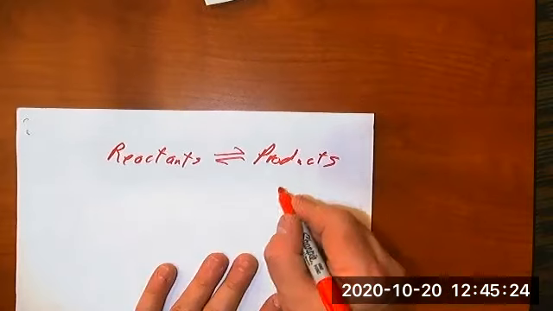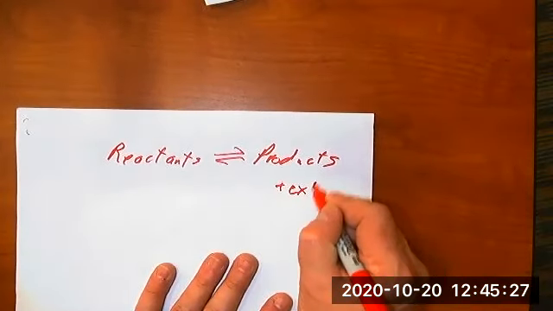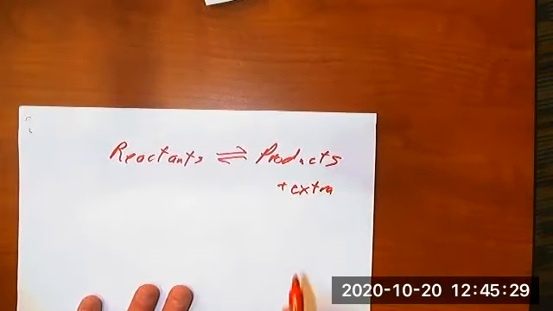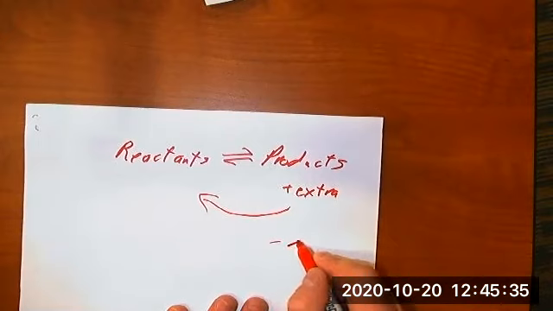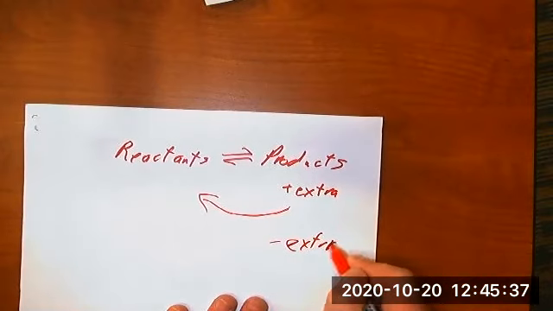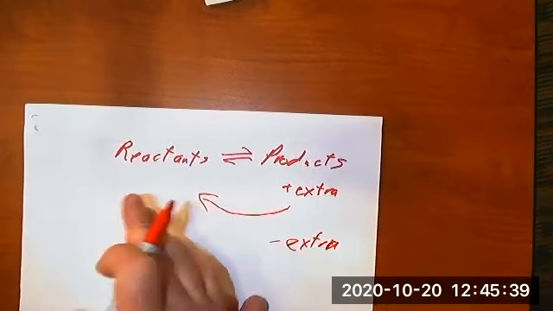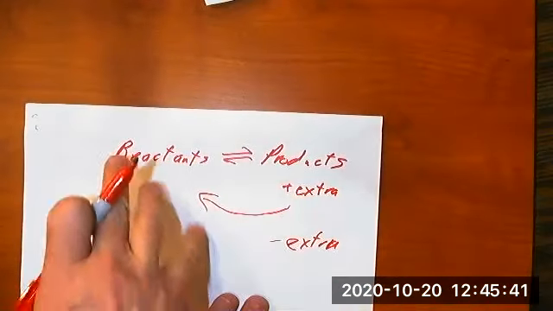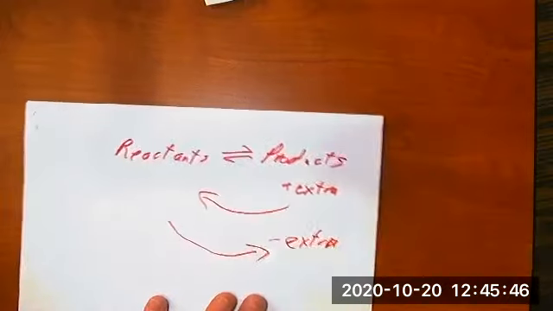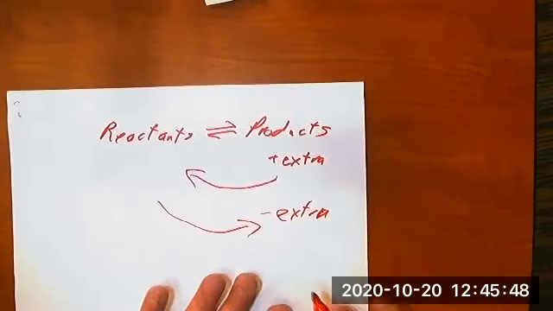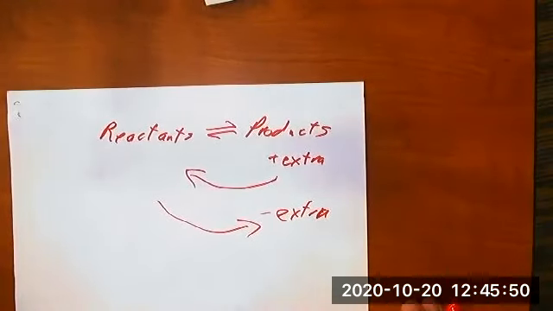So if we add extra on the product side, then the equilibrium shifts away from that. If we take away extra on the product side, then some of that missing products gets filled in by shifting from the reactant to the product side. That's the general principle of Le Chatelier.